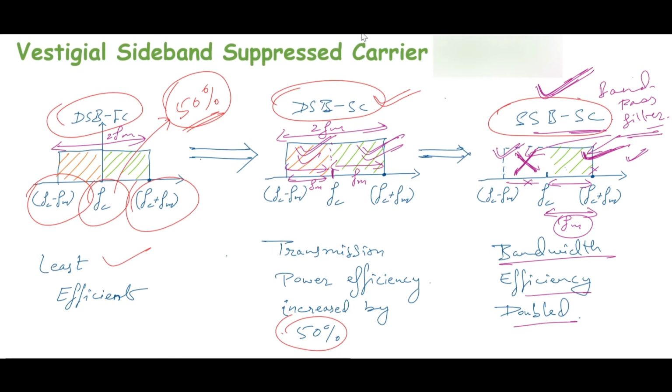Alright, or we can say that for the SSB-SC scheme we have achieved transmission power efficiency by suppressing the carrier, and bandwidth efficiency by just eliminating one sideband. But still, this SSB technique further complicates the receiver structure to recover the message.